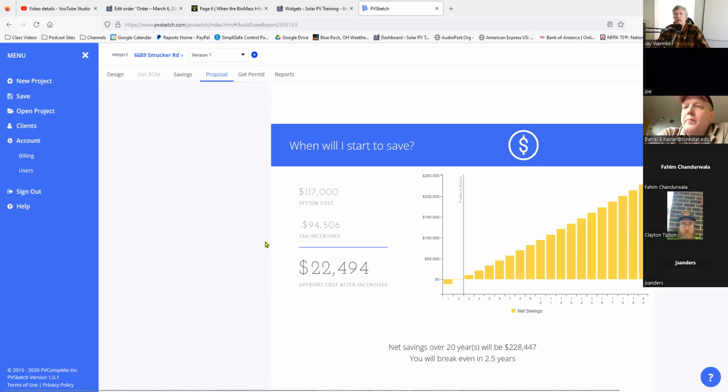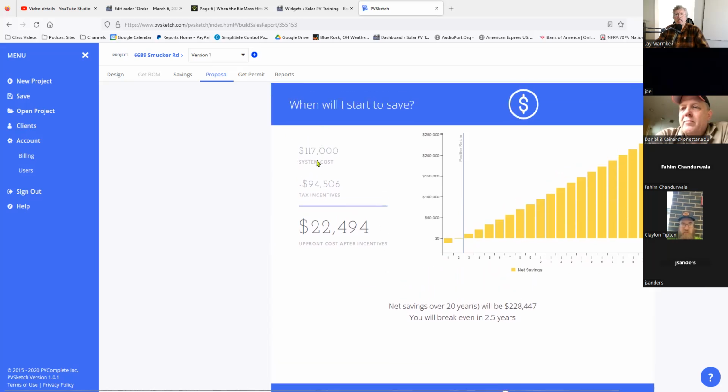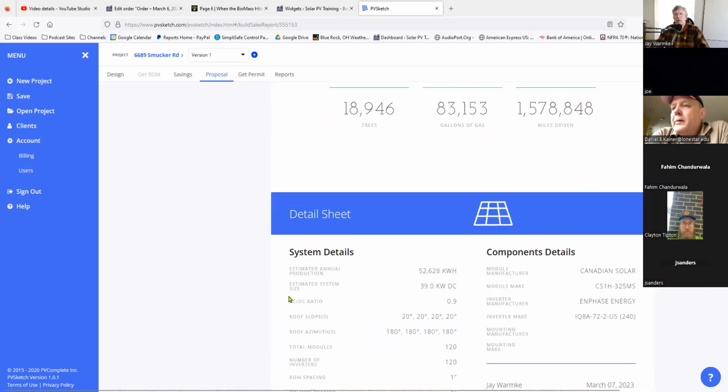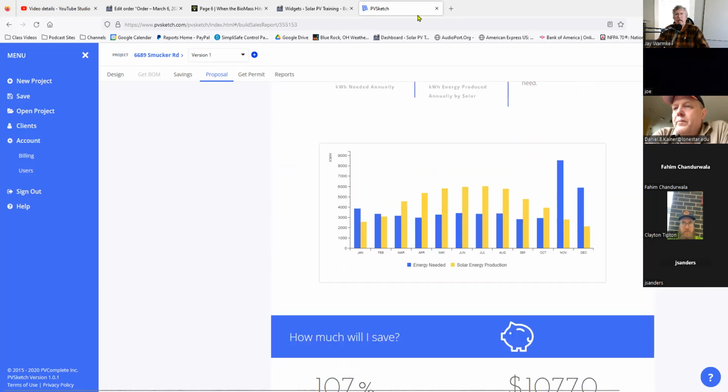So you can depreciate money that you didn't spend, which is kind of weird accounting. But anyway, bottom line is, for that $117,000, the upfront cost is going to be $22,500. So at this moment, the incentives are pretty dramatic.